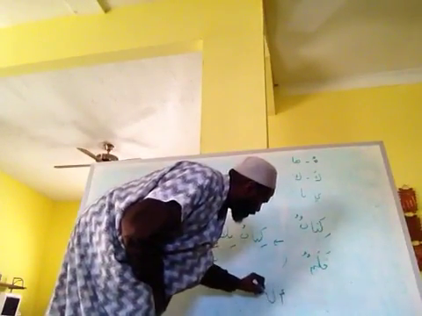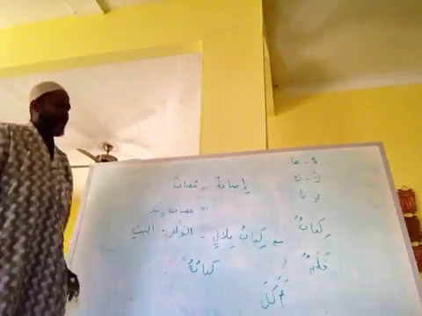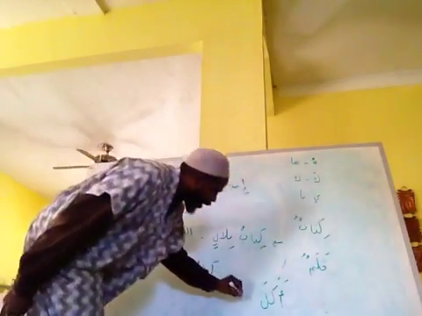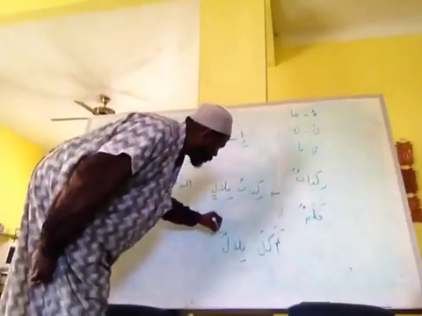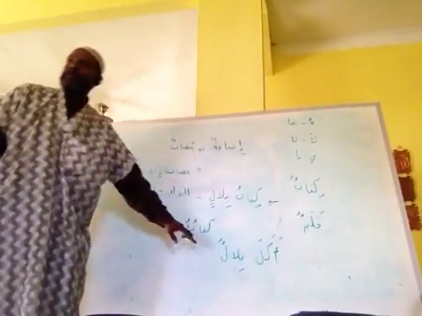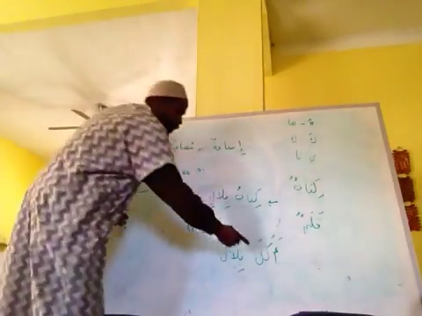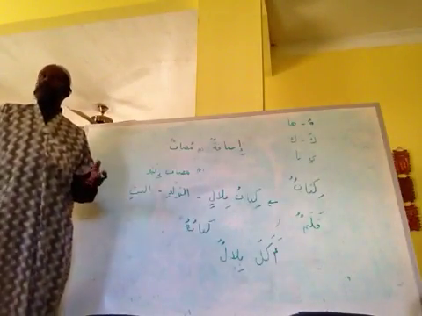Okay, akala Bilalun. Bilalun is being used how? As our fa'il, the one who's doing this action. Akala Bilalun, orange or apple.